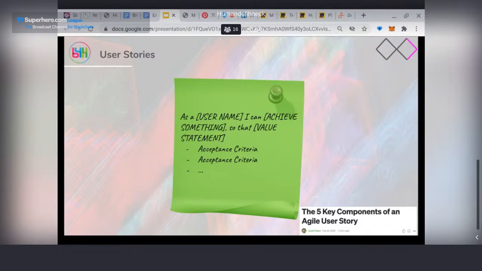The fourth component is the acceptance criteria. Okay. For example, as an iPhone owner, I can make pictures and store them so that I can share that with my friends. Acceptance criteria will be something like: a photo is taken, a photo is stored, a photo is shared.